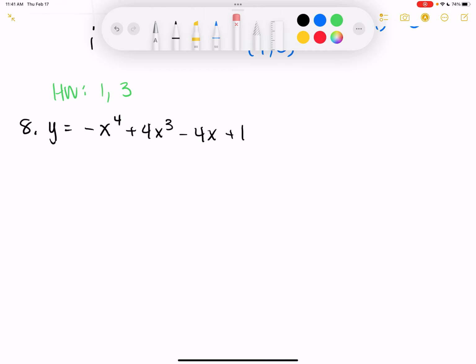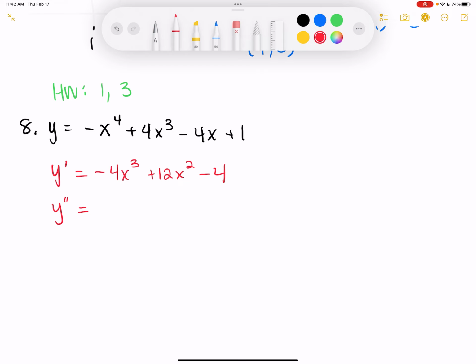So what is the first derivative of this? Yep. And then for concavity, we need the second derivative to help us determine where it's concave up and down.